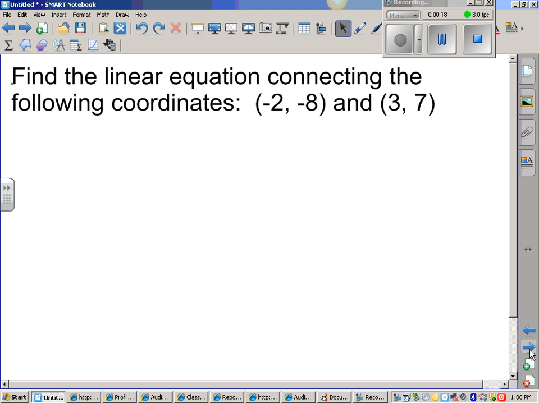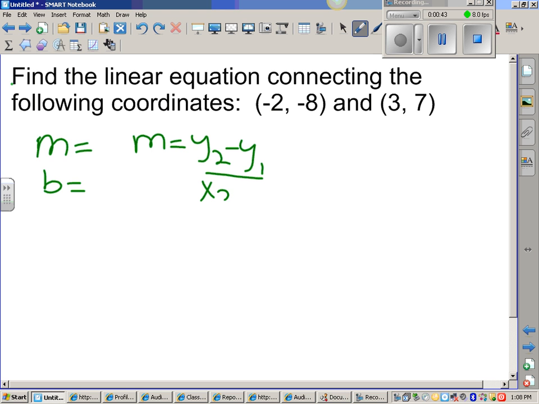You have to find the y-intercept and slope. Are you going to start by finding m or b? M. Okay, so how do you do it? Explain it. m equals y2 minus y1 over x2 minus x1.